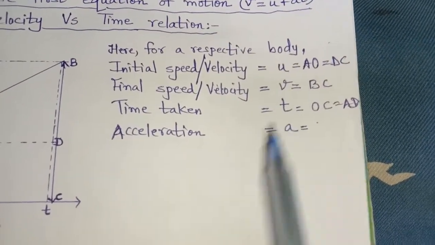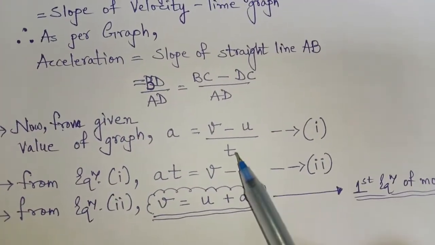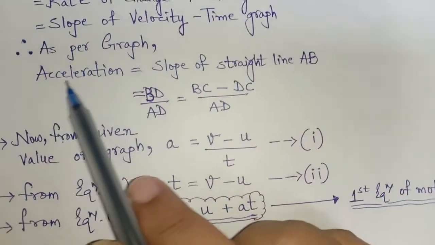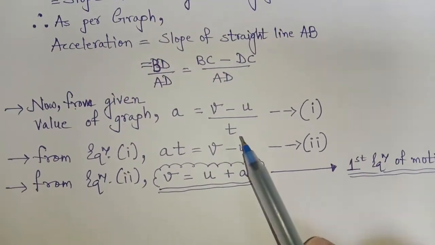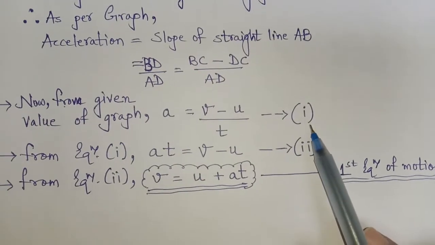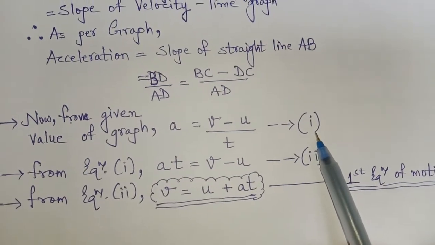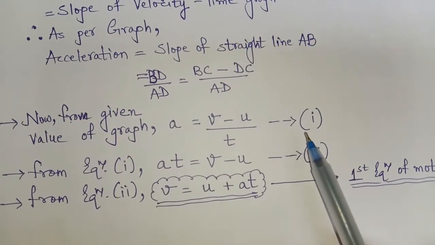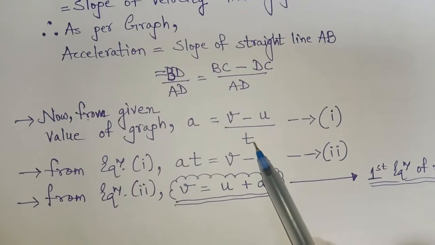AD is t. So BC, v minus u, upon t. It is what? Acceleration. So a is equal to v minus u upon t. This is the first basic formula which we got from the graph, right? Change in velocity upon time, as per the definition.